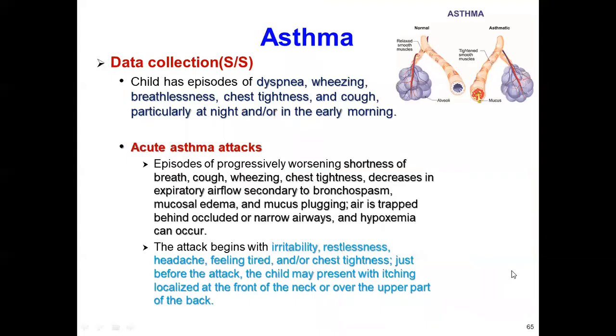Acute attack of asthma. What are the signs and symptoms or data collection? The patient presents with tachycardia or tachypnea, restlessness, wheezing, and nighttime coughing, which are common signs. Let me read it: shortness of breath, dyspnea, wheezing, breathlessness, chest tightness, and productive cough.